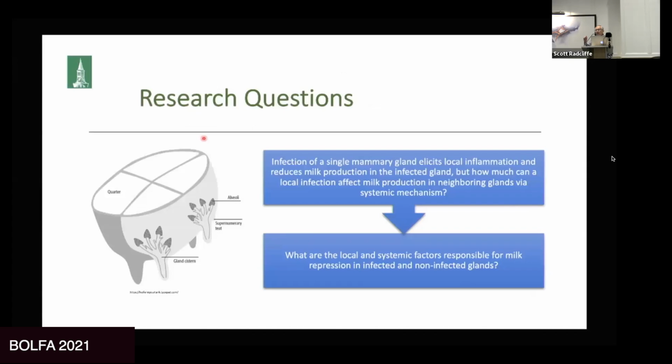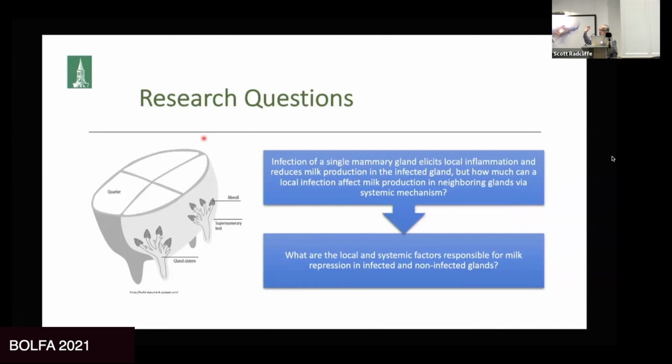However, the questions are: when there is infection in one gland, how much will that affect the neighboring mammary gland? That's not very clear. To what extent does infection in one gland affect milk production in the others?